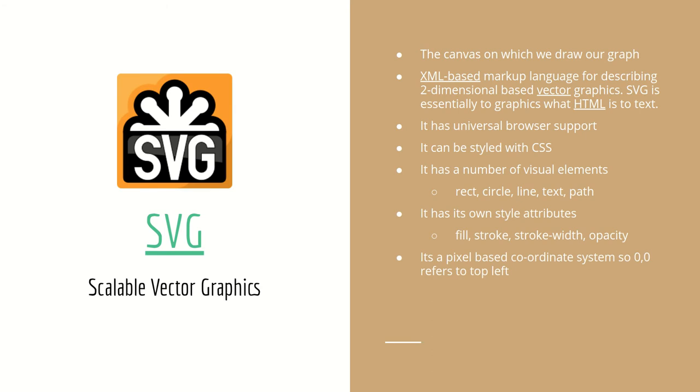Unlike other charts, where 0, 0 refers to the bottom left-hand corner, in SVGs 0, 0 refers to the top left. Increasing the X value moves along to the right, which is as normal, but increasing the Y value moves downward instead of upward. Again, we'll be going into a tree graph later on, and it doesn't really matter from that point of view.